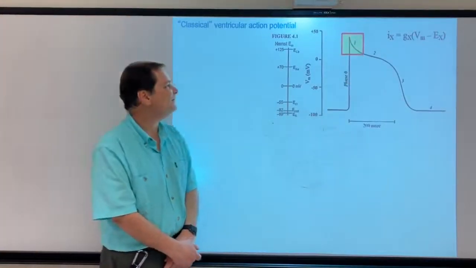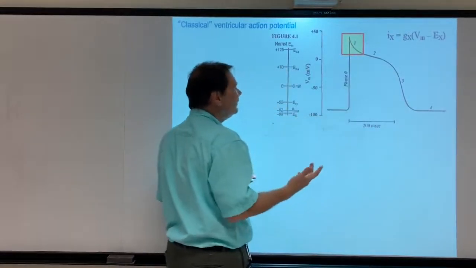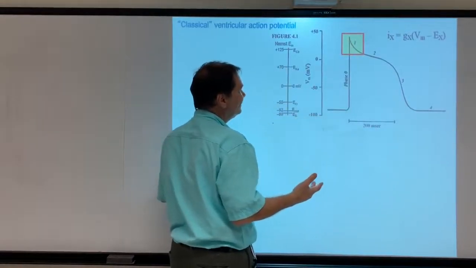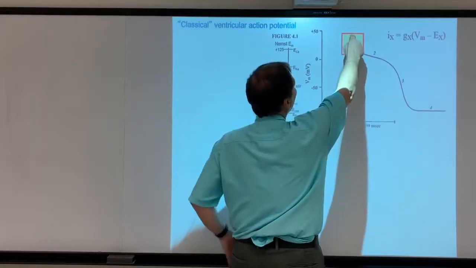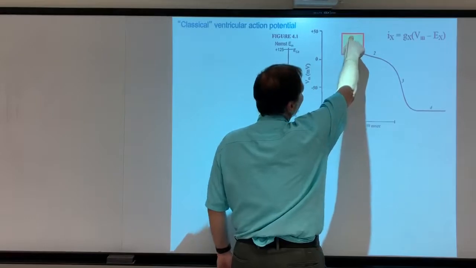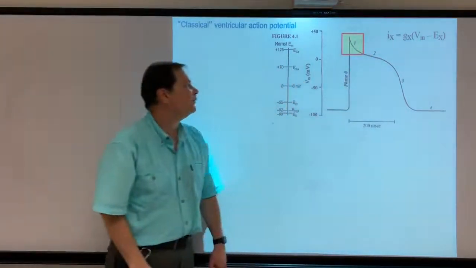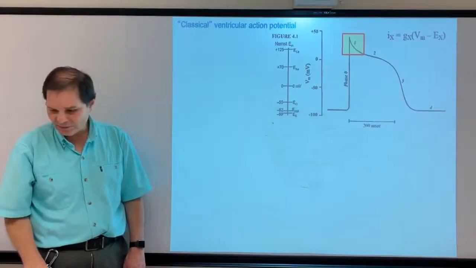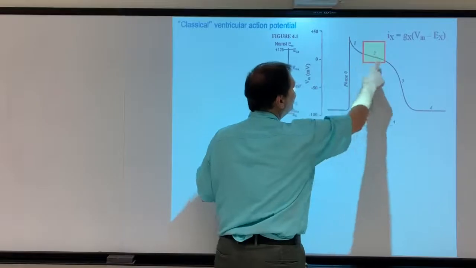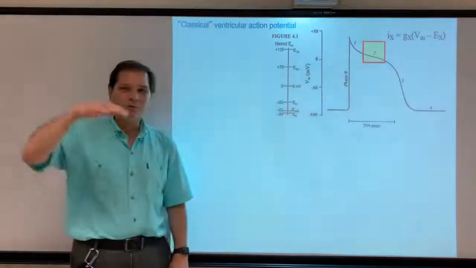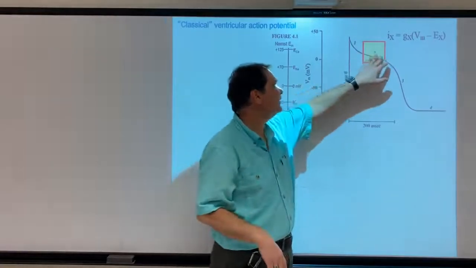That is followed by phase 1, which is relatively rapid repolarization. From the peak, that's usually about 30 or so, down to about plus 10 millivolts, okay? So that's phase 1, an initial repolarization. That is followed by a plateau phase, phase 2, where the repolarization slows down and the membrane voltage is still going down, but it's very slow.